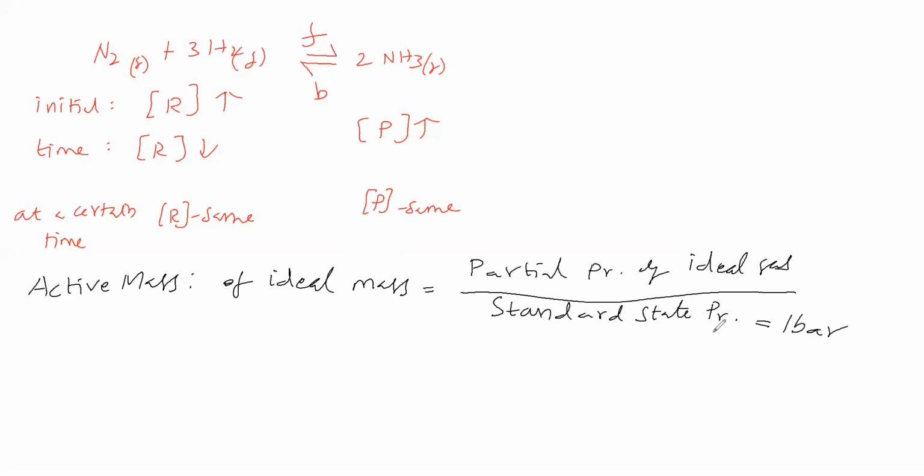What is the partial pressure of an ideal gas? It is the pressure this gas exerts in the mixture. So the active mass of an ideal gas is equal to the partial pressure of the ideal gas divided by the standard state pressure.